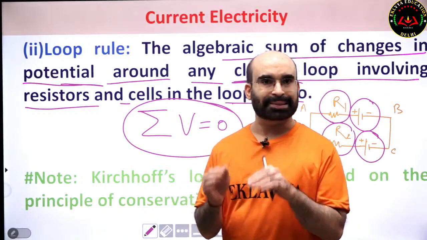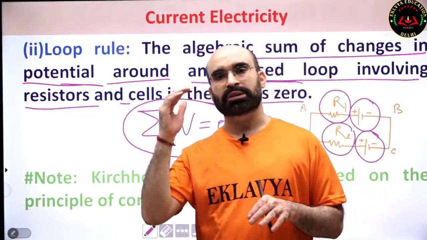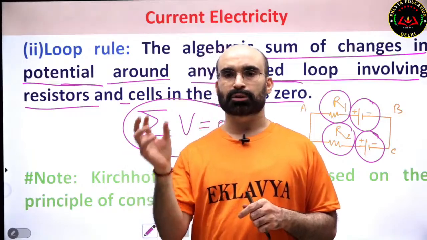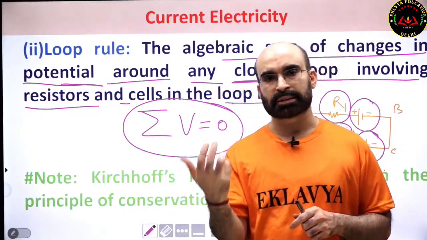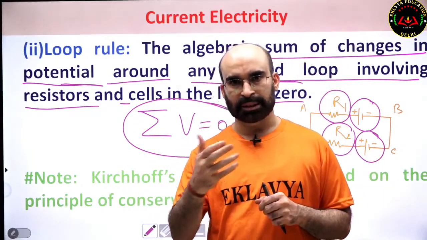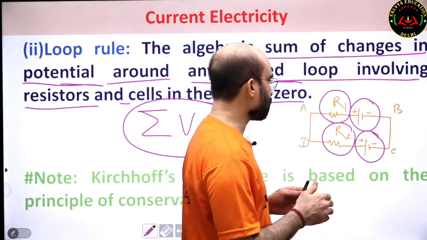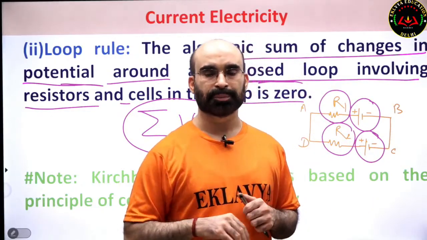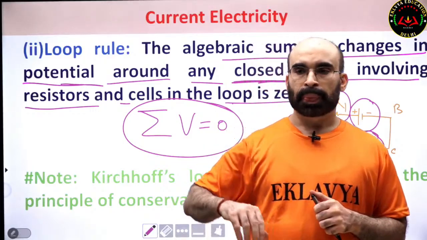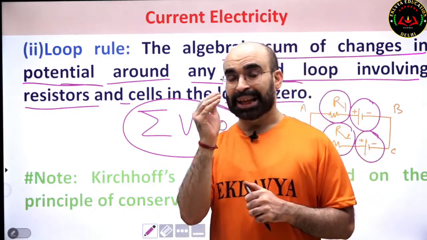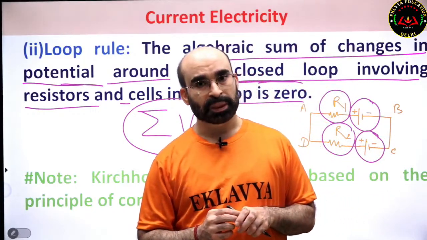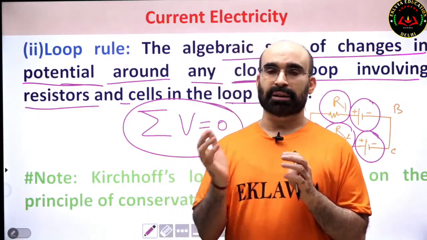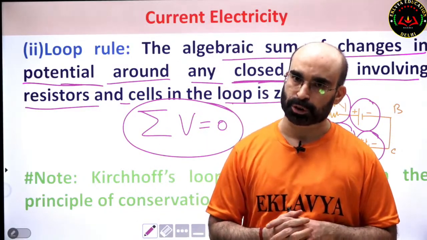Potential difference across a cell, if cell has got some internal resistance, then it is going to be EMF minus IR, if cell is being discharged, that means current is drawn from the cell. If cell is being charged, then EMF plus IR, that would be the terminal potential difference across the cell.